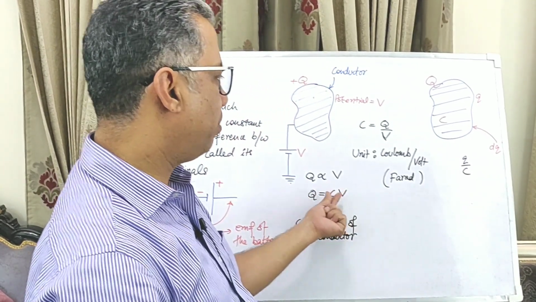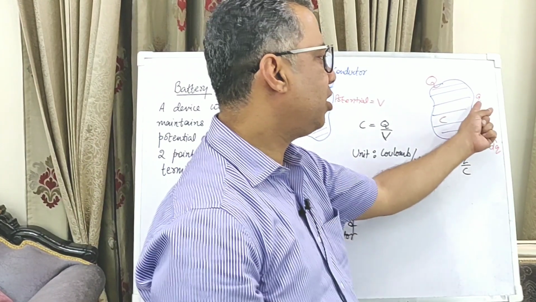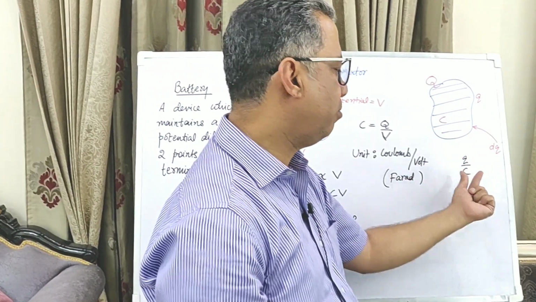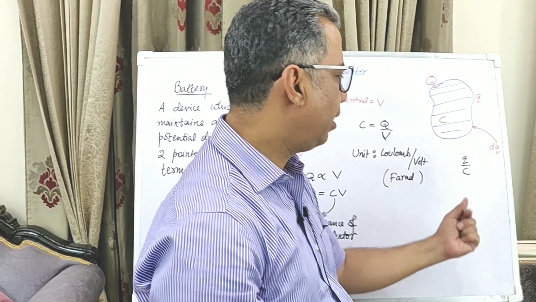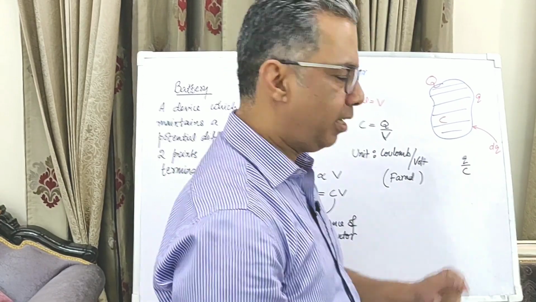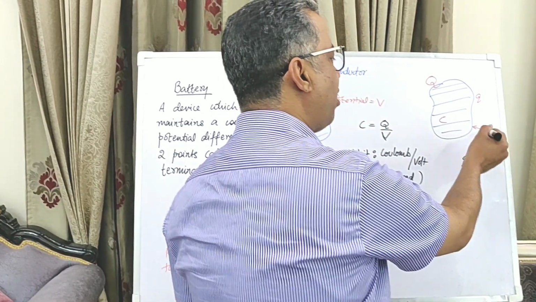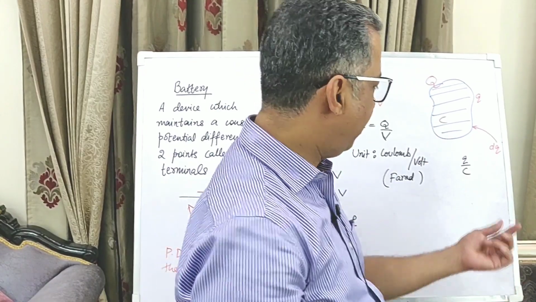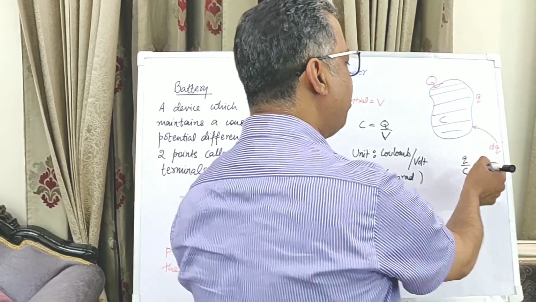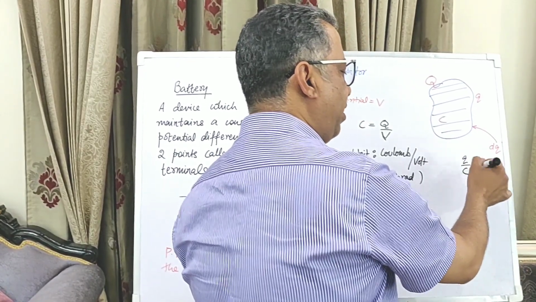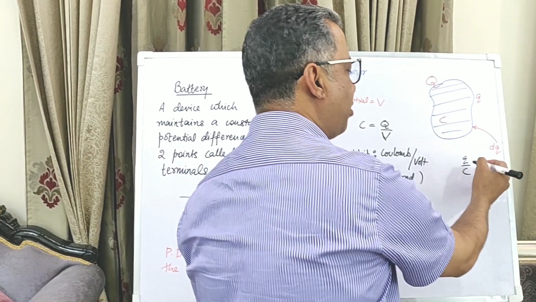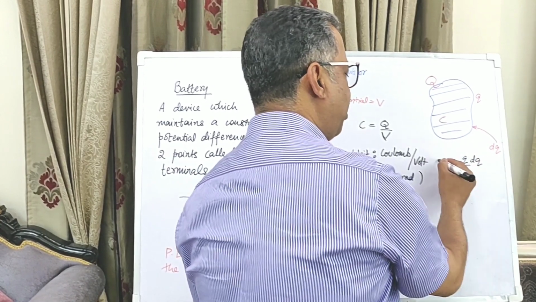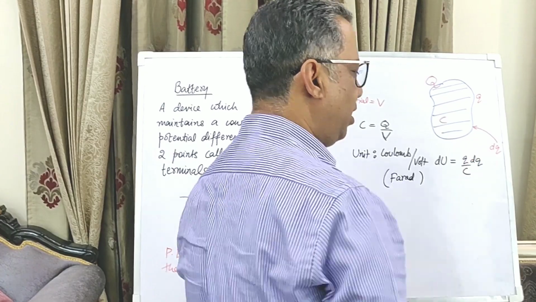So when the charge on the capacitor is small q, capacitance is C, its potential is q by C. And we bring in a charge dq to the capacitor now. So the potential here is so much. We add a charge dq, and the potential energy changes by dU.